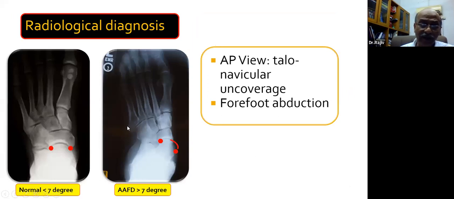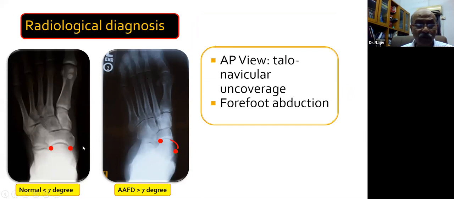In an AP view, again, it has to be weight-bearing. Look at this. In this normal-looking foot, when the patient stands, the whole talus goes into varus and the foot goes into valgus. So the forefoot gets abducted with increased talar head uncoverage.